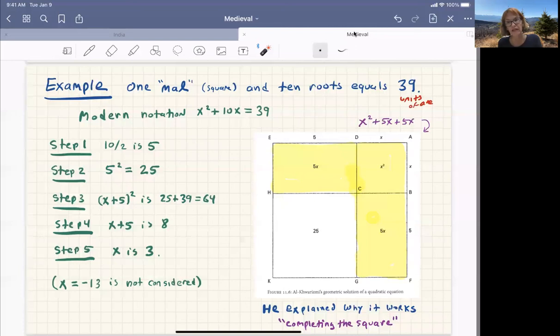So in modern notation, we would say 1 square plus 10 roots is equal to 39. So x squared plus 10x is 39. So step 1 is take this number and divide it in half.